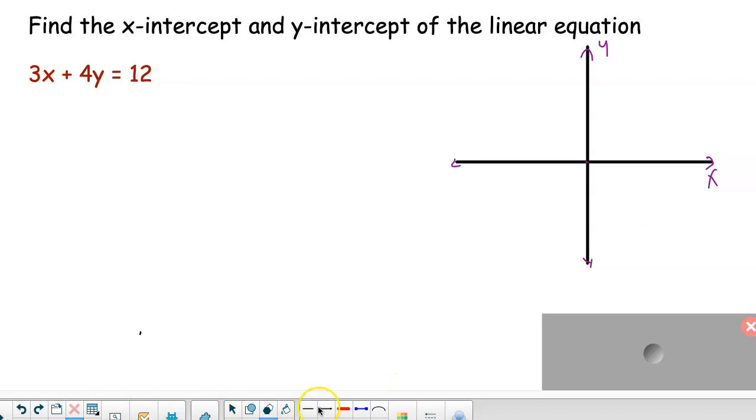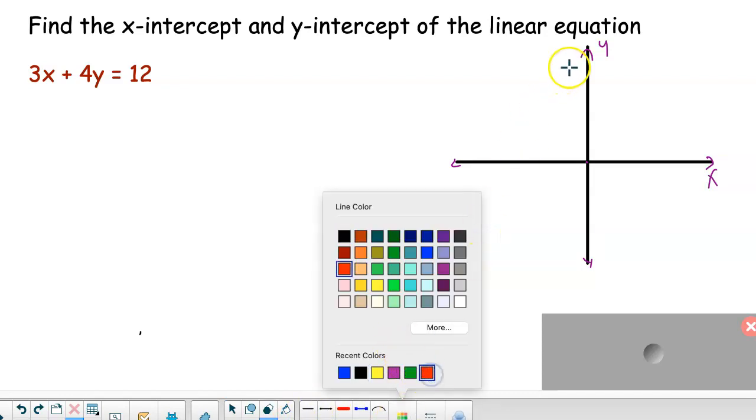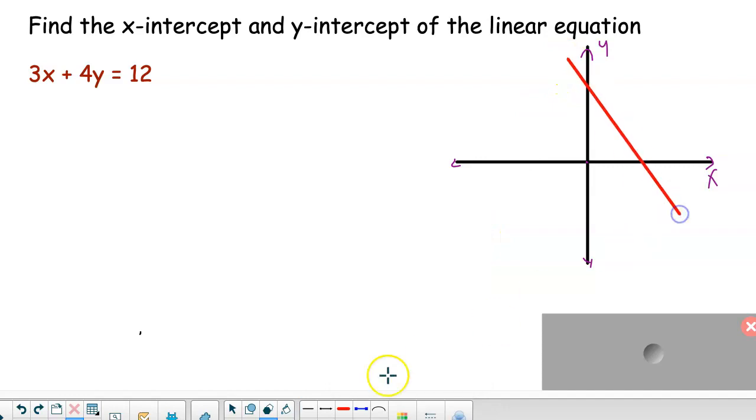That line is going to intersect your x and y axis at different points, right? This is the graph of a line, and it is intersecting your x-axis at this point and the y-axis over there.